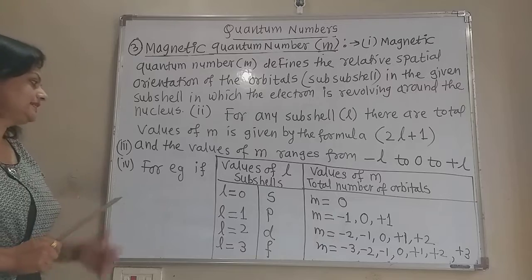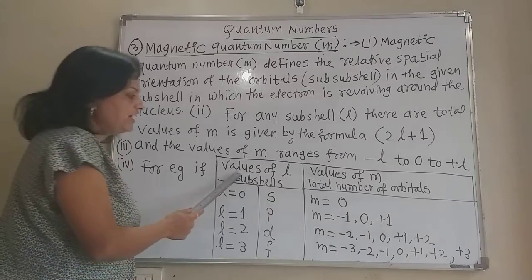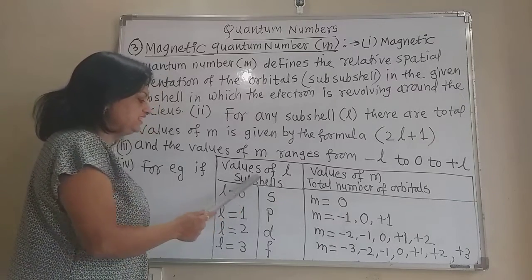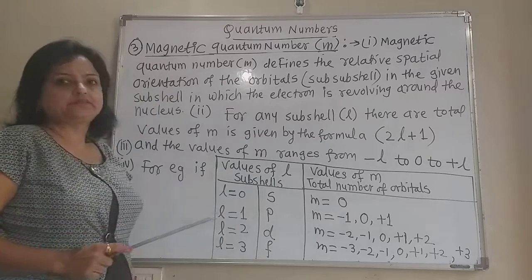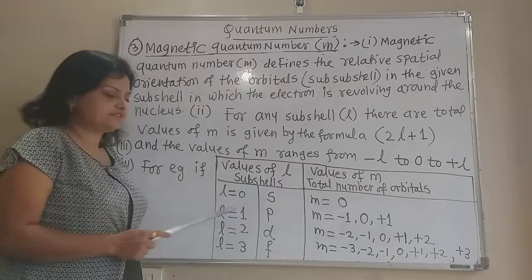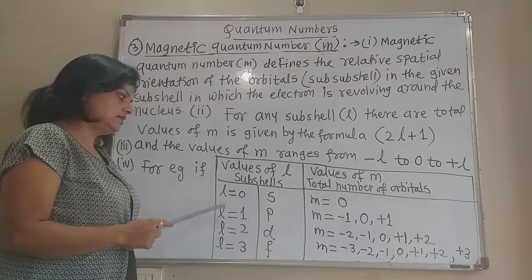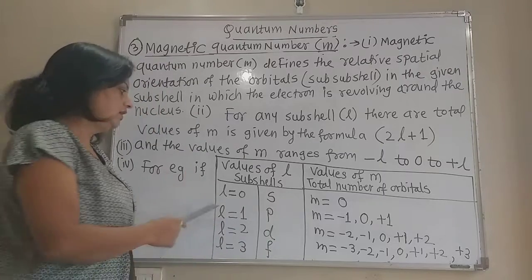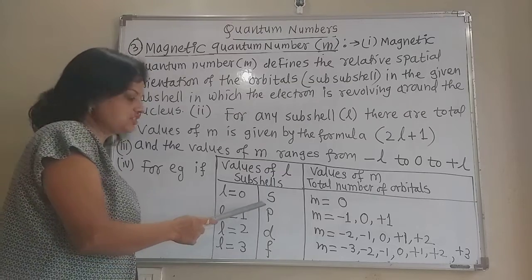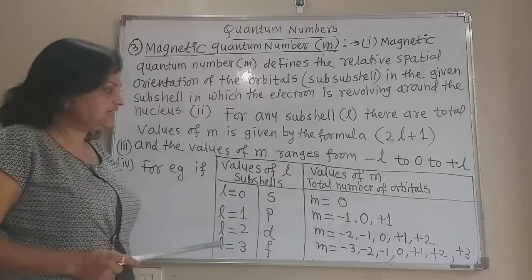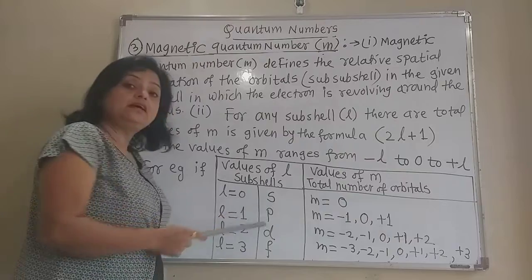Now see, for example, if L is equal to 0, that subshell is called the s subshell. You know that. And how many orbitals does this s subshell contain?